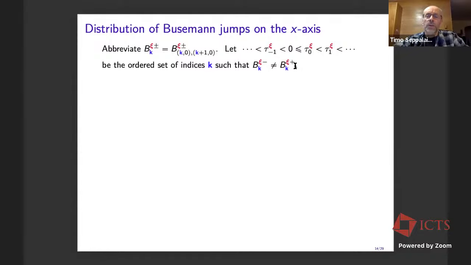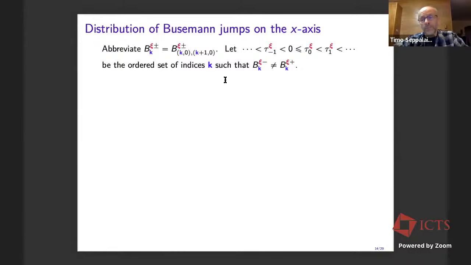So I think of a point process that lives on infinitely many copies of the interval of xi values, one copy attached to each nearest neighbor edge on the lattice. This way I have a decent point process. And now I can use a Palm kernel to condition on seeing a jump at xi.